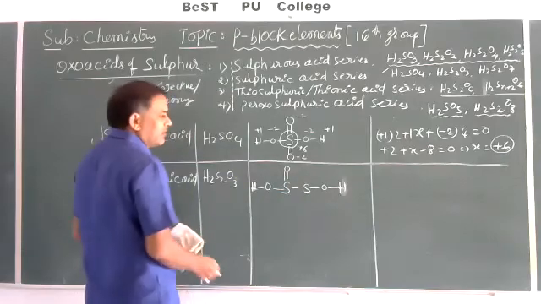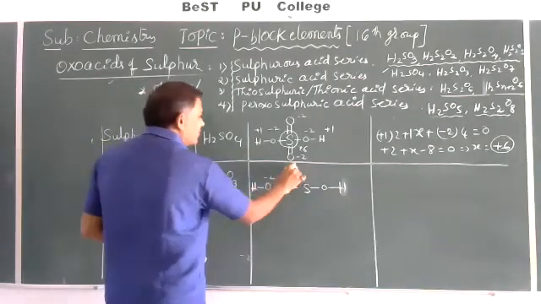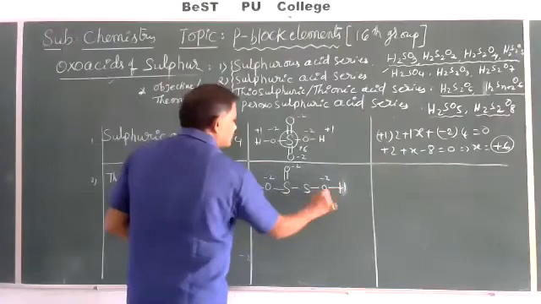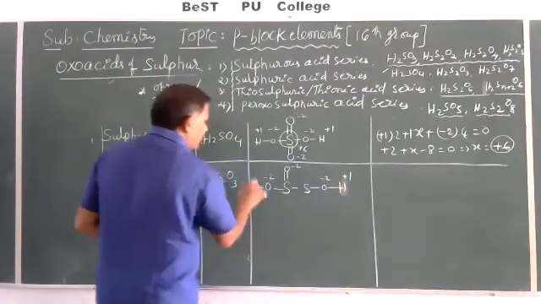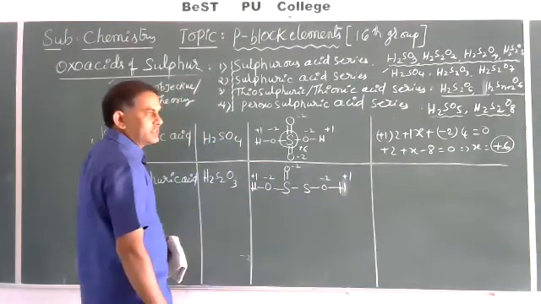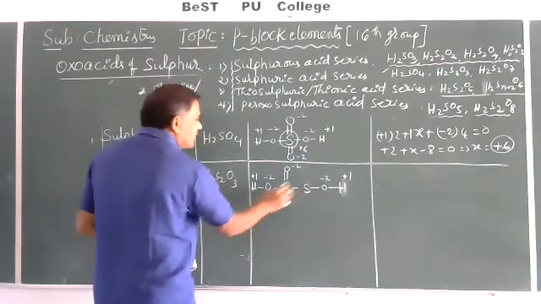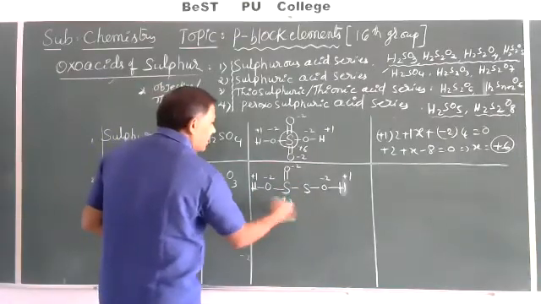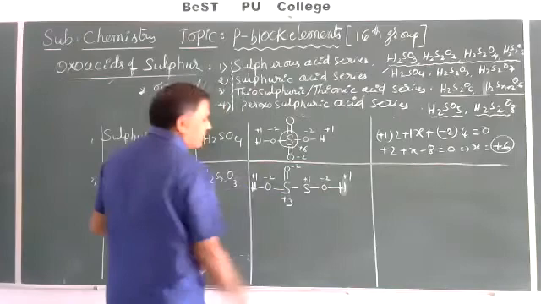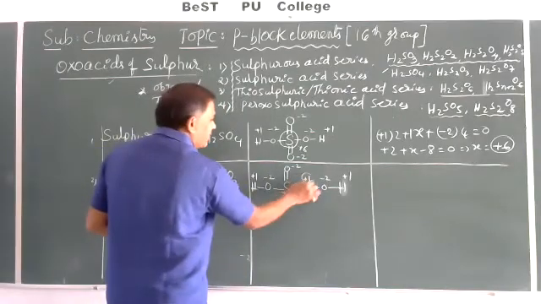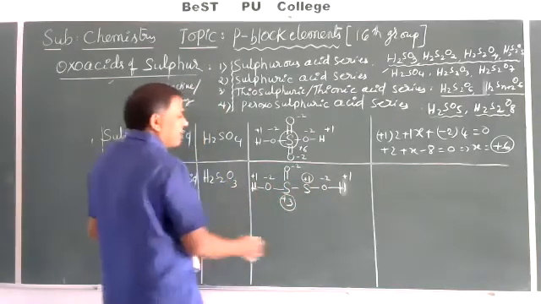Now this is -2, -2, here -2, and hydrogen is +1. Here we take +3 and here +1, so +3 and +1 oxidation states.